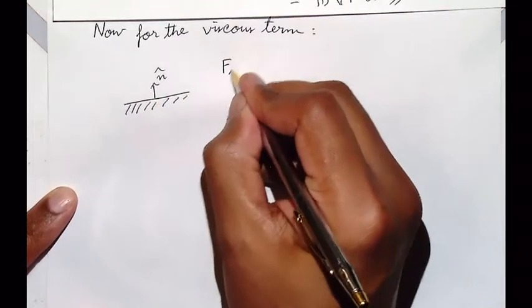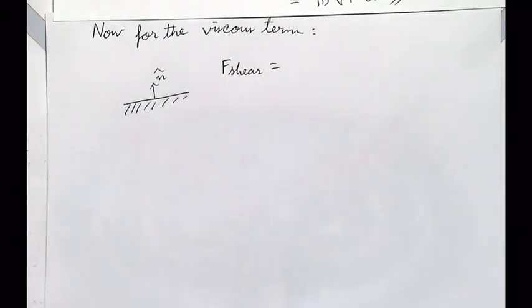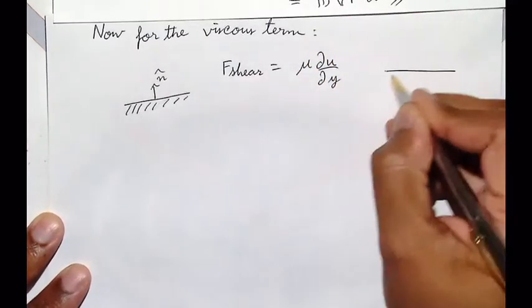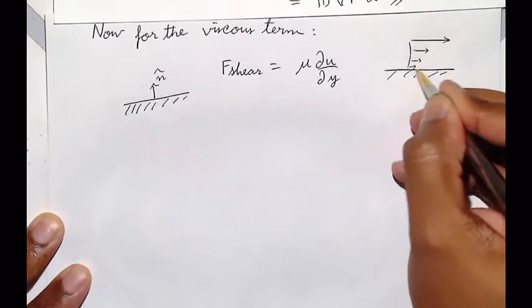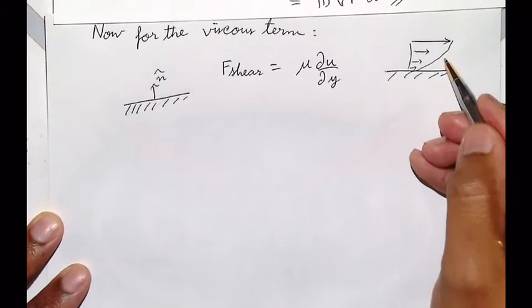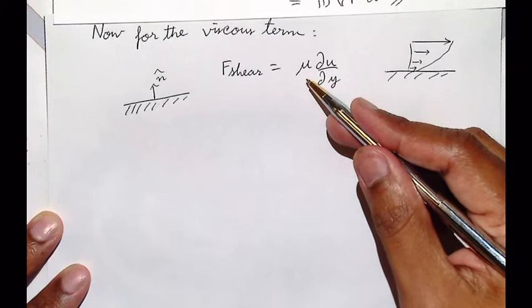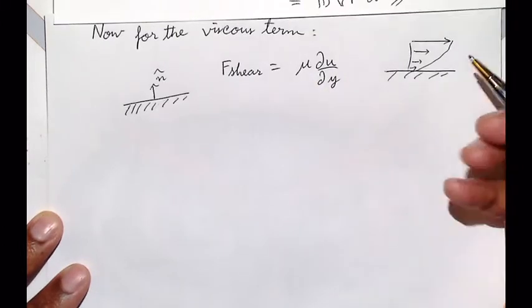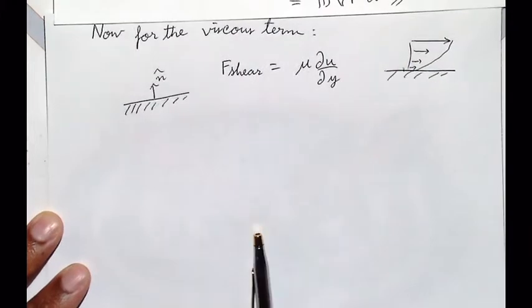F shear is equal to tau, which is mu del U by del Y. This is for a flat plate where you have a nice velocity profile. You compute the gradient of U with respect to Y, multiply with the viscous coefficient, and that's the force. And of course, there's a dA over here.